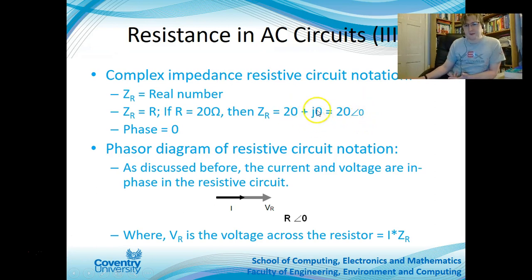So unless you have a complex part, you don't have a phase angle. It's just 0. So the phasor diagram here has the voltage and the current in phase with each other, where VR is equal to I times ZR. So it's basically just replacing the resistive component with the impedance component in our Ohm's law calculation.